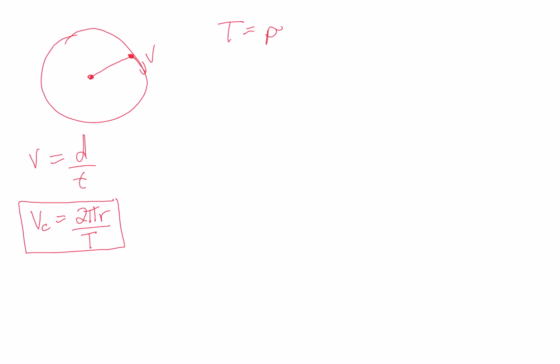So T is period, which means the time of one revolution. If we go around the circle once, the time it takes to go around once is our period. So we're going to use the distance for one circle, one cycle, and the time it takes to go around that circle once.